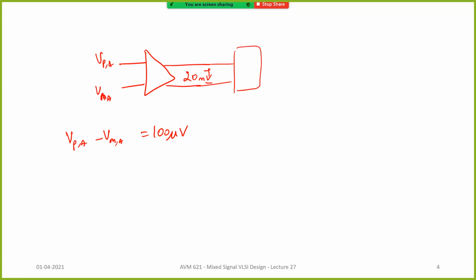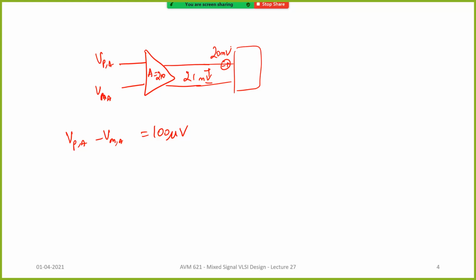So if you take the gain A to be 210, even if there is an offset of 20 millivolt, you still don't bother, because your half LSB value has been amplified to be more than your comparator's offset voltage, so that you are not going to get a wrong decision.